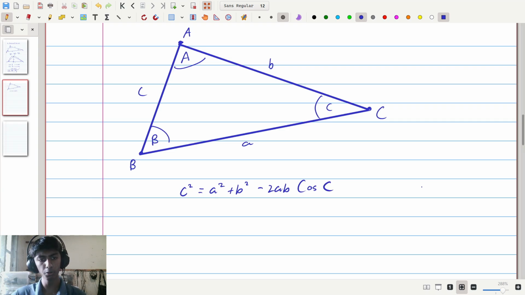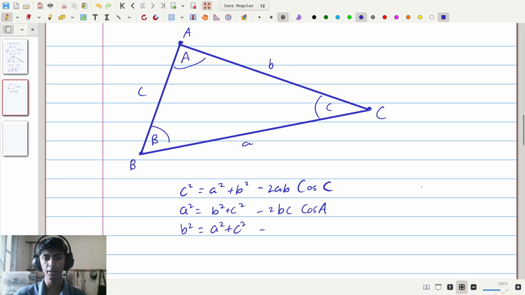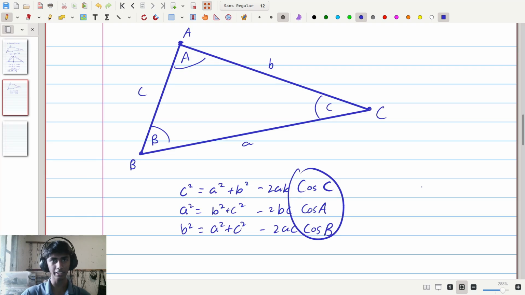Similarly, the other two are also true. a squared is equal to b squared plus c squared minus 2bc cosine of angle A, and b squared is equal to a squared plus c squared minus 2ac cosine of B. You can see why this one gets its name as the cosine rule, because it has a cosine in it. That's literally it.